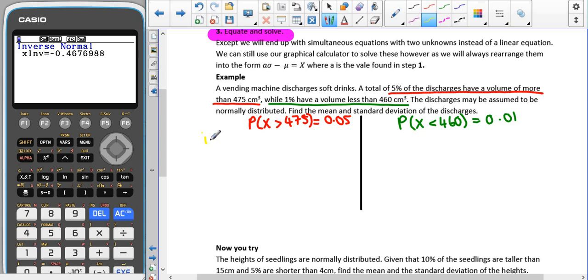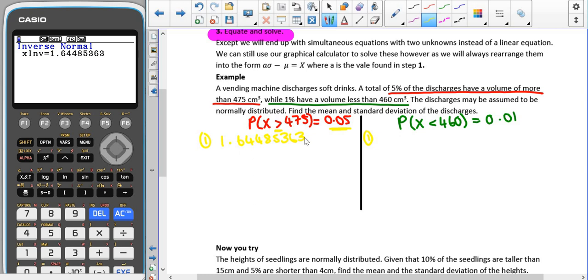So we're going to have step 1 for both of these, which is that we're pretending it's the standard normal. For this one, our tail is going to the right and our area is 0.05. Which gives us 1.644853363. Again, be careful.